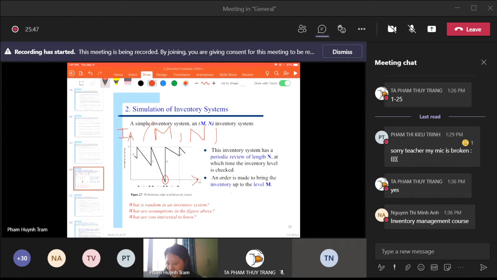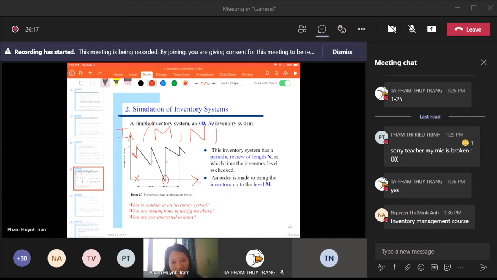Until our review day, we check and order our inventory up to level M. Right, we place an order quantity that makes our inventory level increase to M.